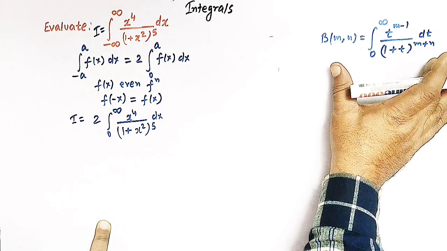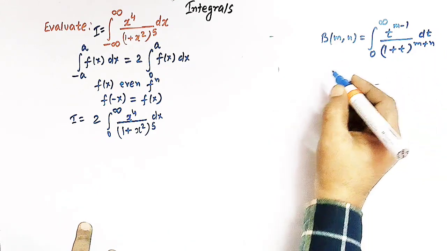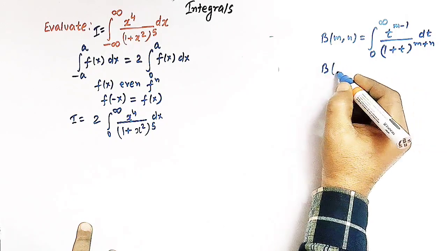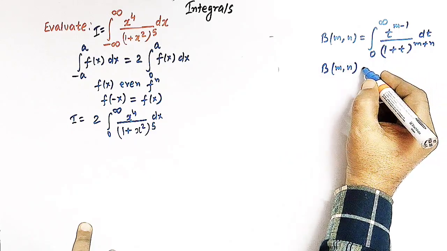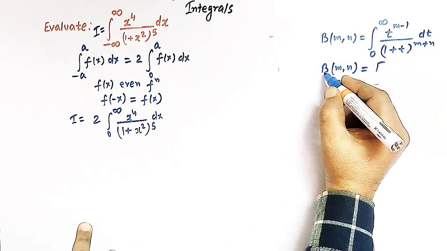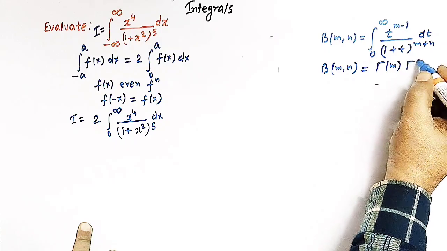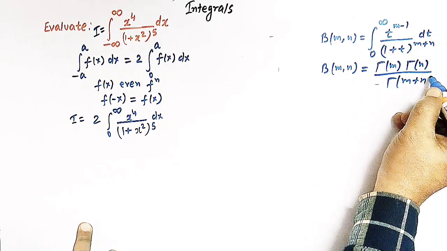This is the definition of the beta function. We'll also utilize the result connecting the beta and gamma functions: beta m comma n is given by gamma m gamma n divided by gamma m plus n.